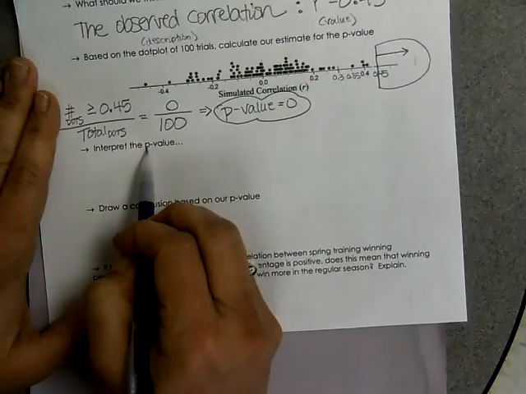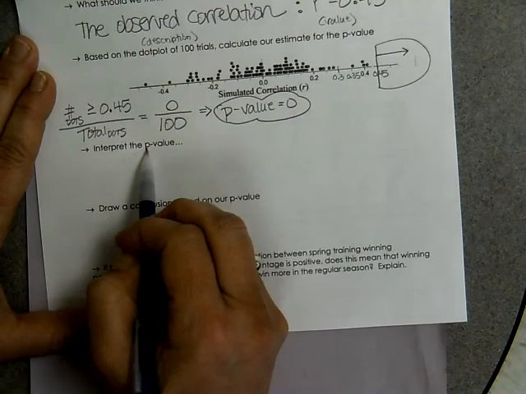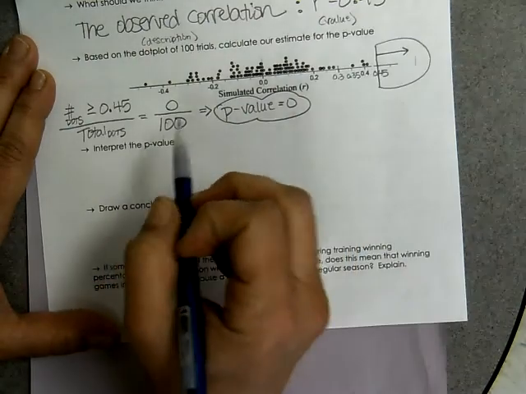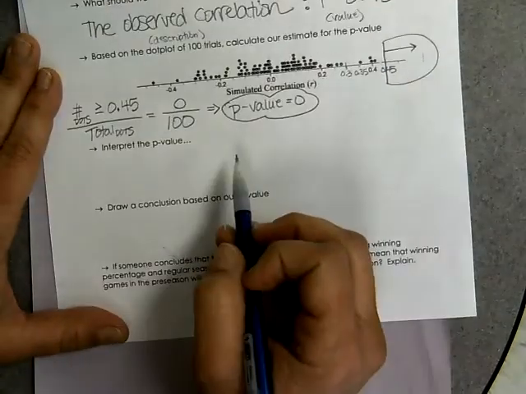So let's interpret the p-value. Remember, when you interpret the p-value, you talk about the specific test statistic and random chance.